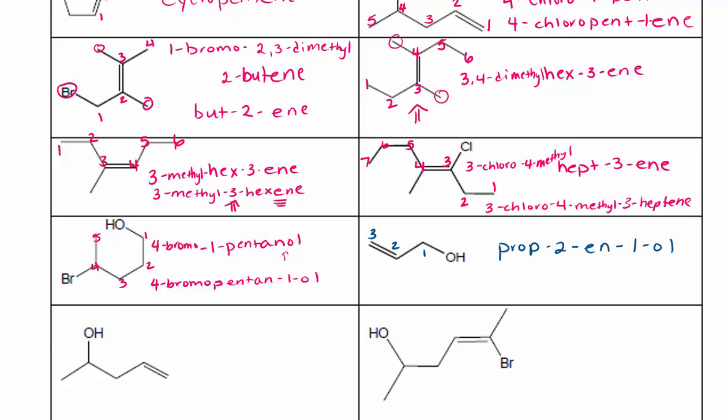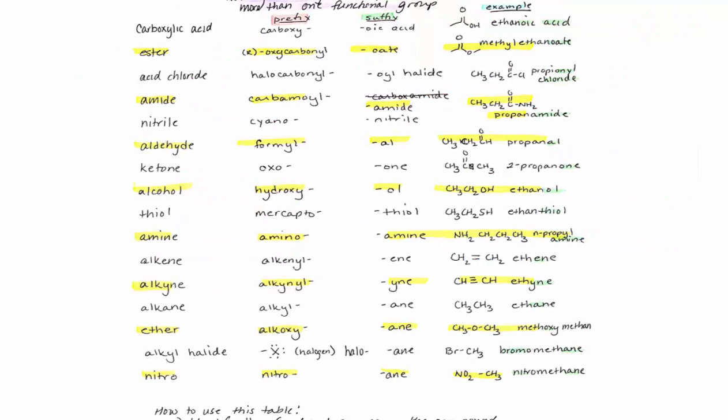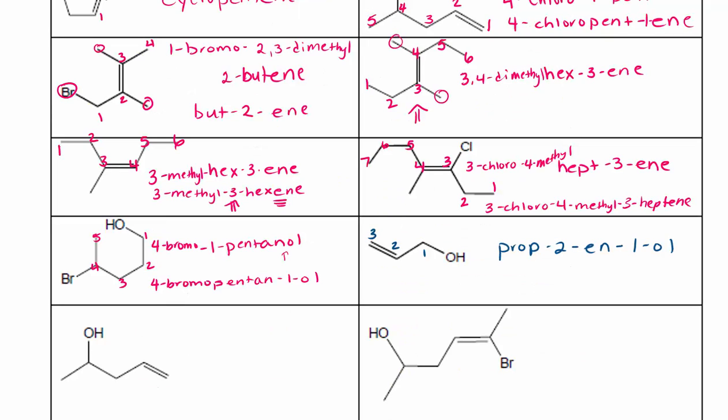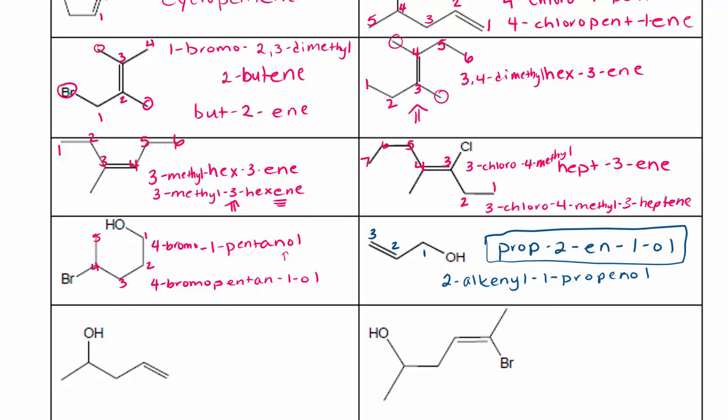If you're going to put it on the inside, put them both on the inside. Otherwise, you would have to name this with the alkene prefix, which is given here, alkenol. So this would be 2-alkenol, 1-propenol. So you see this ends up being, although it's a complex name, a little more clear.